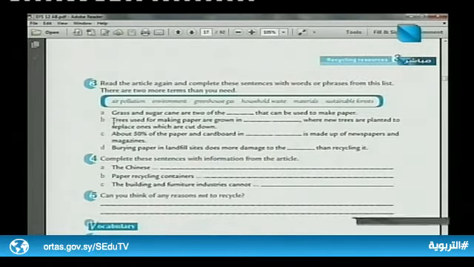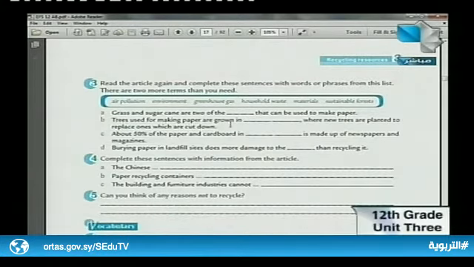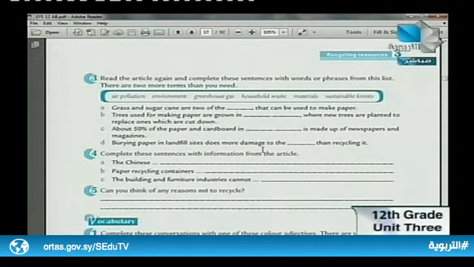Trees used for making paper are grown in sustainable forests, where new trees are planted to replace ones which are cut down. Thank you. About 15% of the paper and cardboard in household waste is made up of newspapers and magazines. Burying paper in landfill sites does more damage to the environment than recycling it.